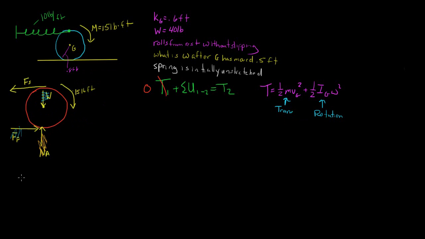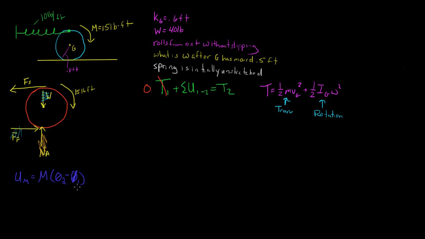So let's look at the moment. The work done by a moment, since it's constant, is going to be equal to the magnitude of the moment times the change in angle that it rotates through. So it's the final angle minus the initial angle.